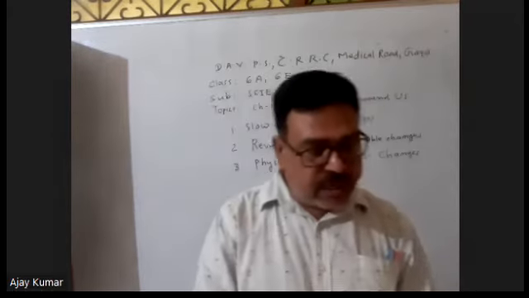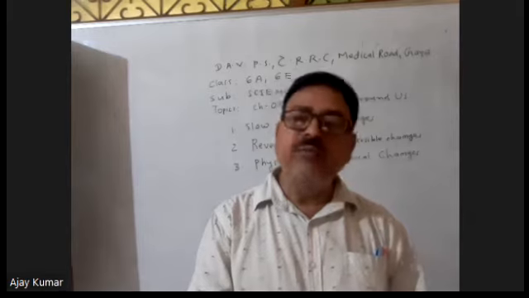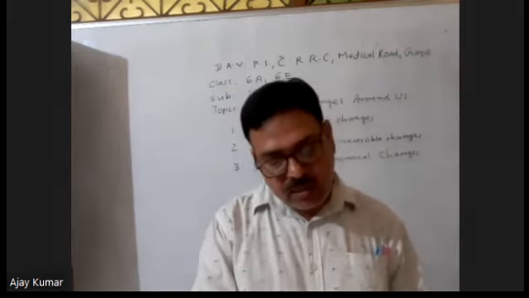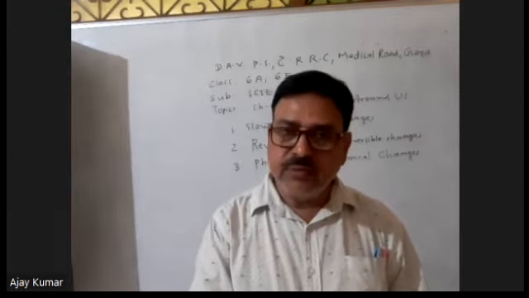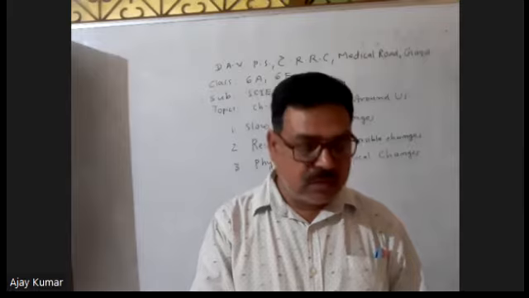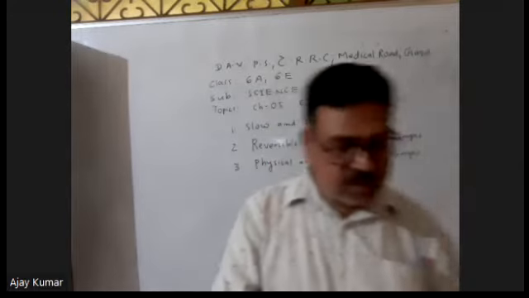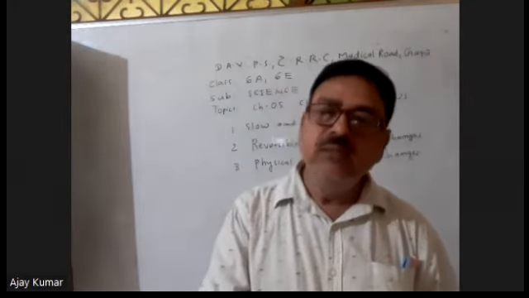We will observe that grinding changes it from the crystal form to the powder form. And it remains white in color and sweet and odorless even in the powder form. As such, no new substance has been formed. A change in which no new substance is formed is called physical change.